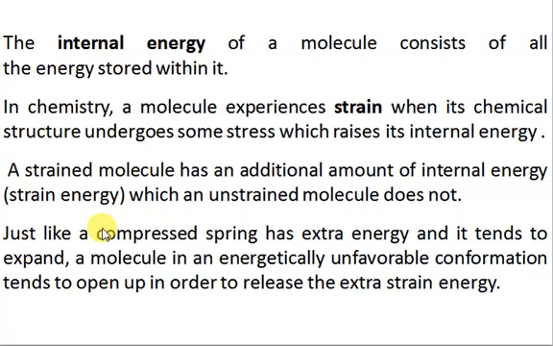Right? Similarly, if a molecule has some strain because the atoms are getting closer together, the stability will decrease, and because of the instability, the molecule will have some extra energy stored in the system. And in order to become stable, this molecule will try to open up in order to release the extra strain energy.